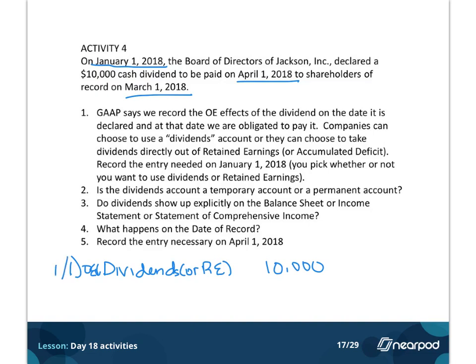This is my January 1st entry. So I'm going to put, you guys know this, dividends payable for $10,000. So that's on the date of declaration.